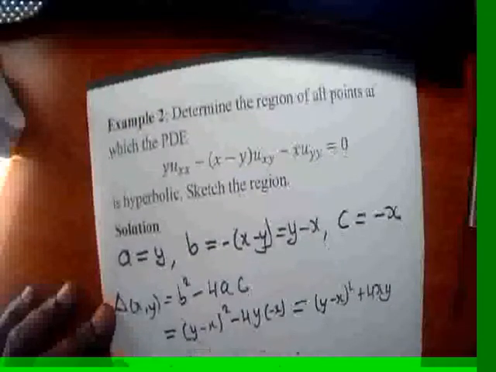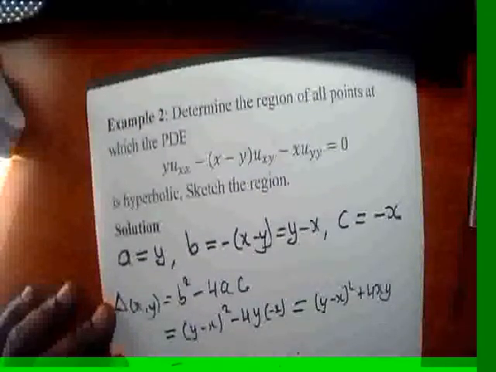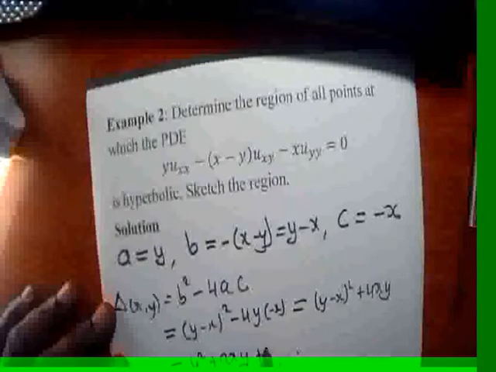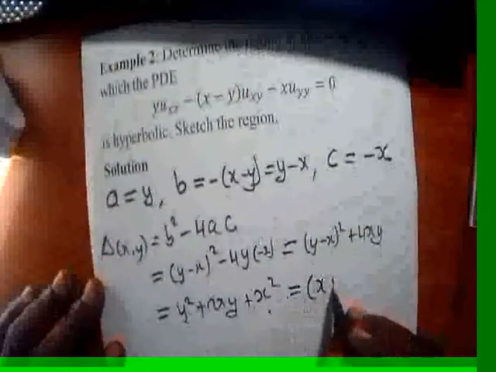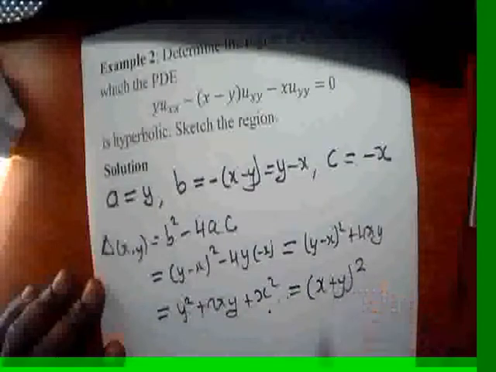If we expand and simplify, we're going to get y squared plus 2xy plus x squared, which can be written as x plus y all squared.